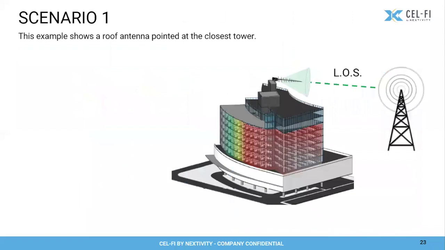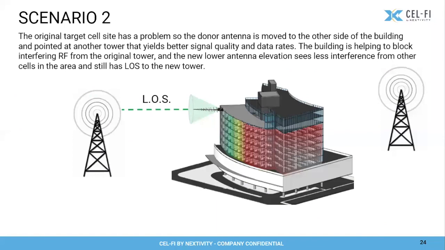All right, I'm going to run through some quick scenarios just to exemplify the things that we talked about today. In this example, this is kind of the de facto standard. I've put my antenna on the top of the building and pointed it at what I believe to be the best tower. But let's say there's a problem with that tower, and I actually need to look for a new donor.